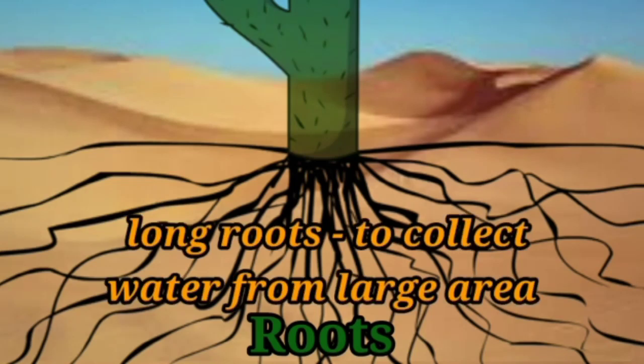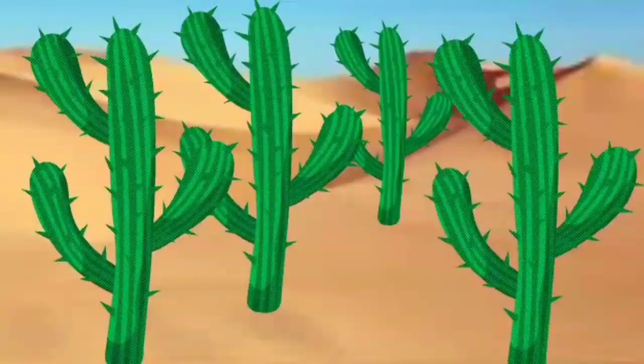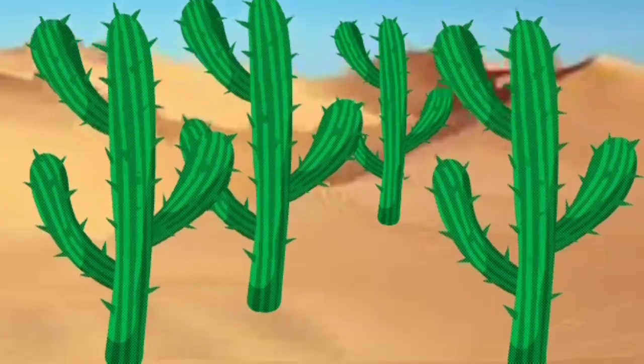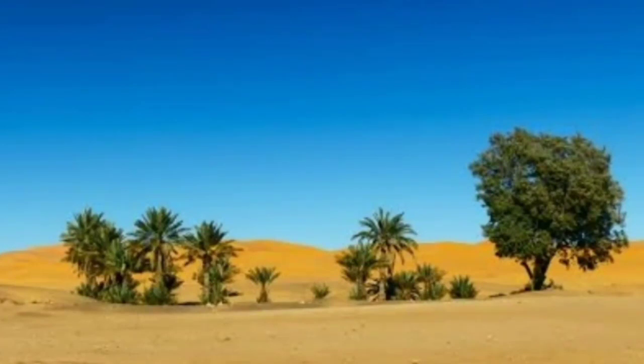The cactus plants have very long roots to collect water from a large area. With the help of all these adaptations, a cactus survives in deserts. In the same way, other desert plants are also adapted to the environment.